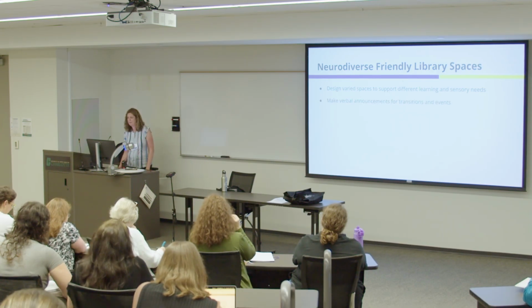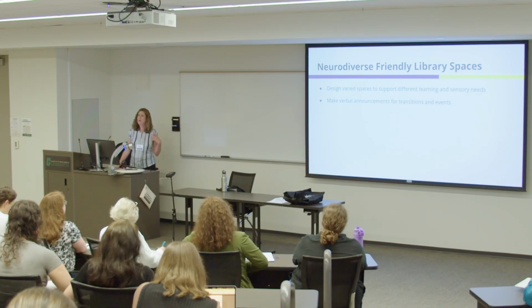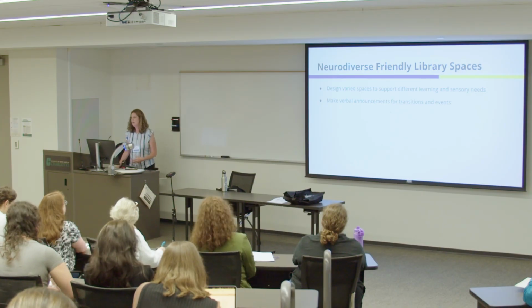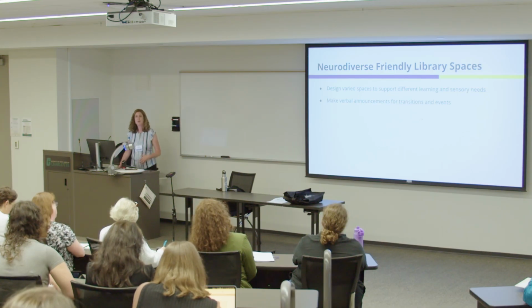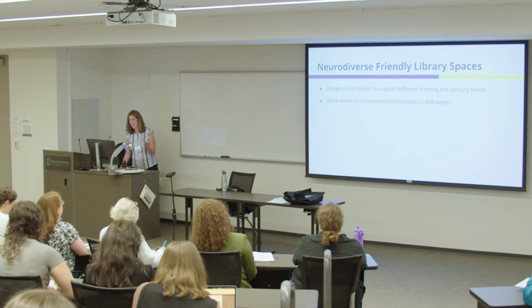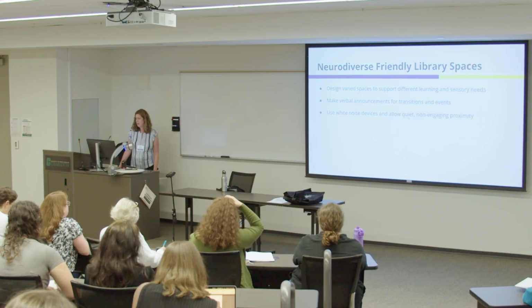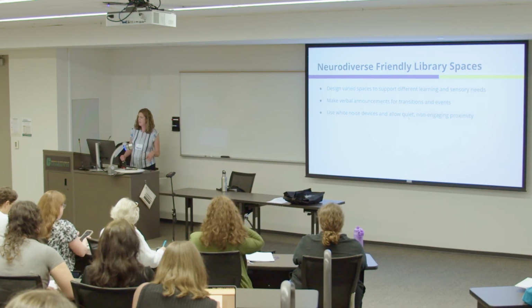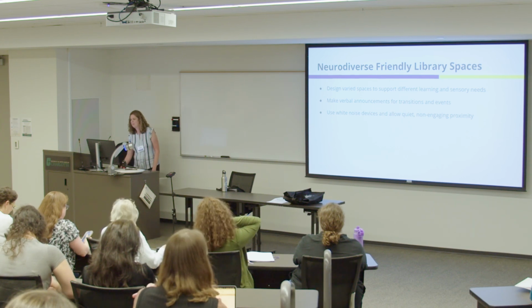If you have the capacity to make verbal announcements, that's helpful in helping people transition from one event to another, or especially if it's time to close, giving people that cue that the library is going to close, they need to start wrapping it up. That can all be very helpful. White noise devices sprinkled throughout your library can help somebody have that quiet space, but they don't have to go off by themselves somewhere.